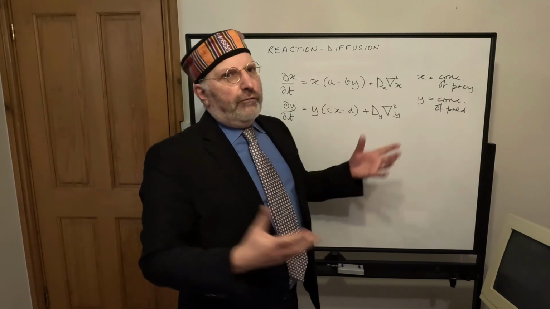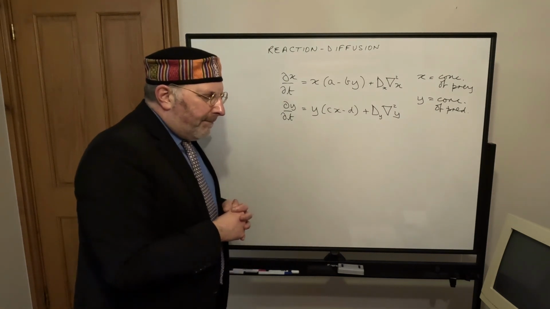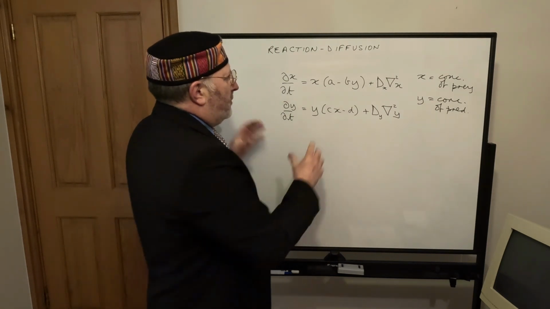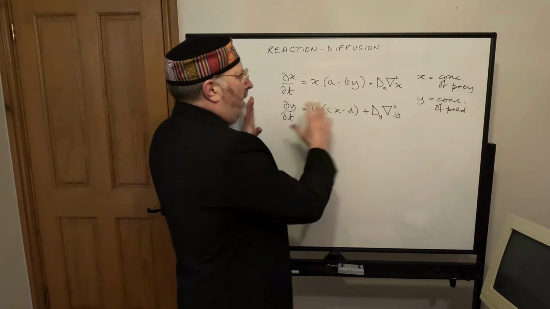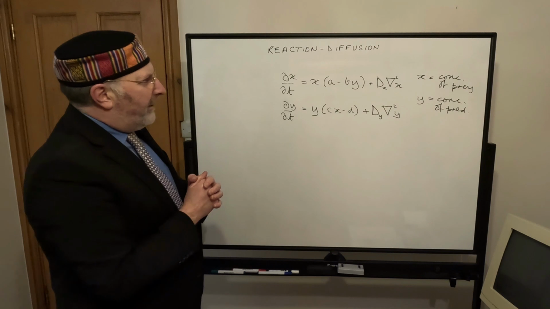So they will diffuse faster if there are lots of foxes around, for example. Anyway, the point is that using this reaction diffusion idea, we can create this spatially explicit version of Lotka-Volterra.